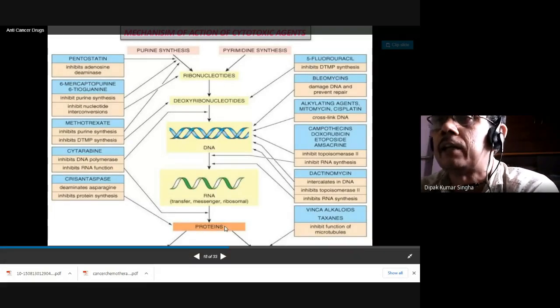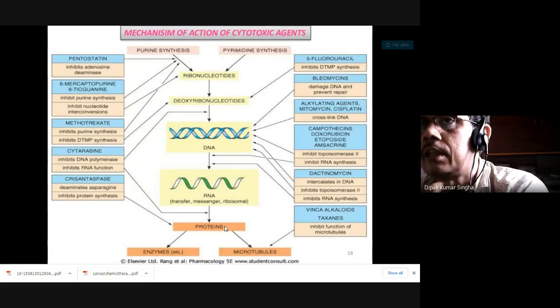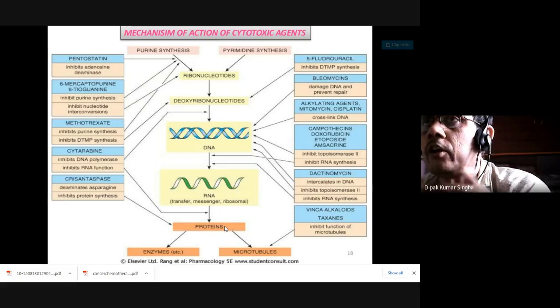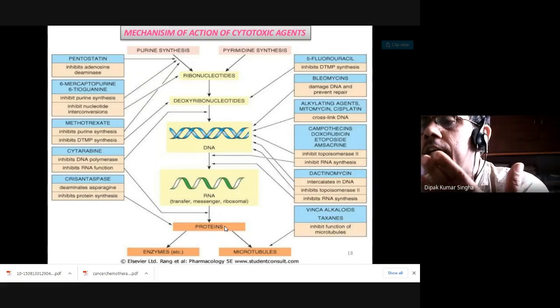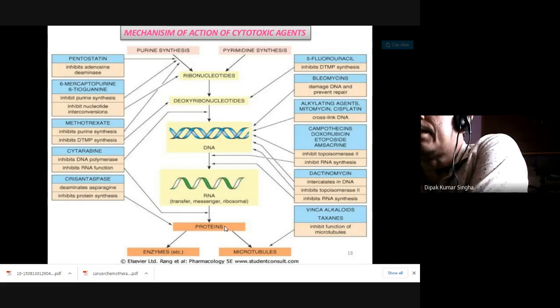If the nucleic acid is synthesized when the cell division is faster, you can stop the nucleic acid synthesis by any means, either a purine synthesis inhibitor or a pyrimidine synthesis inhibitor, or by direct protein synthesis inhibitor, or the enzymes, or direct microtubules. Ultimately, any of these drugs can inhibit finally the protein synthesis. So these are the stepwise reactions, with different steps where the drug will inhibit this pathway.